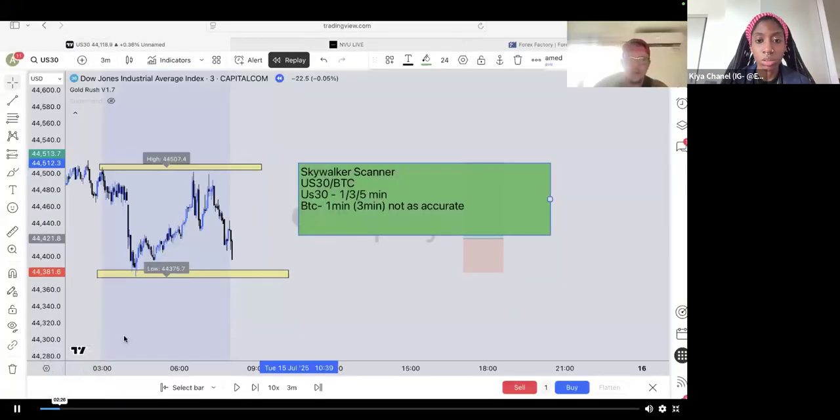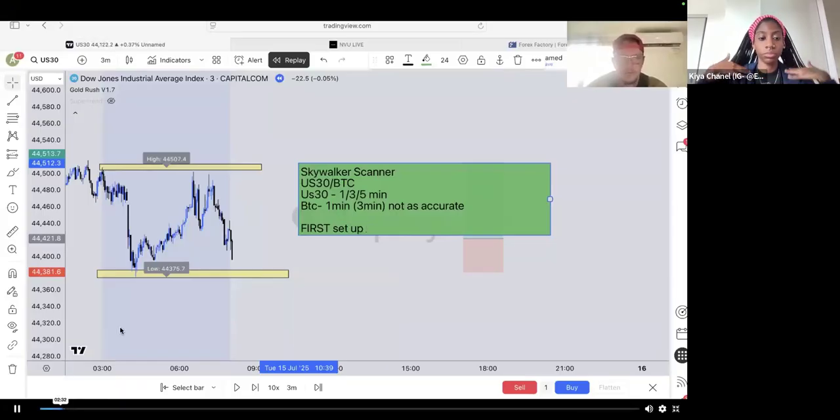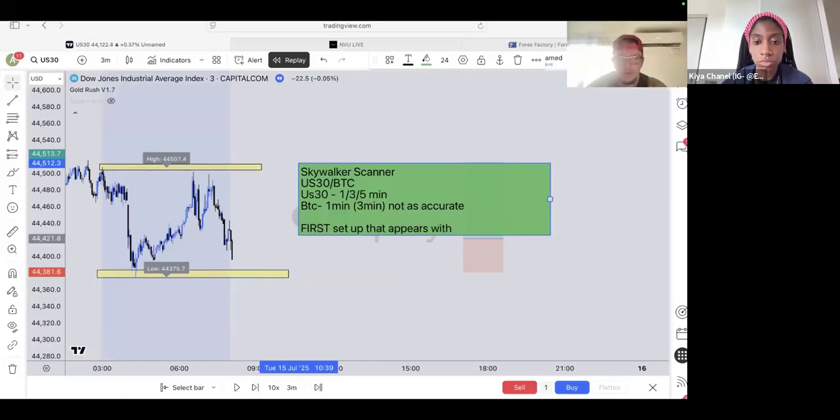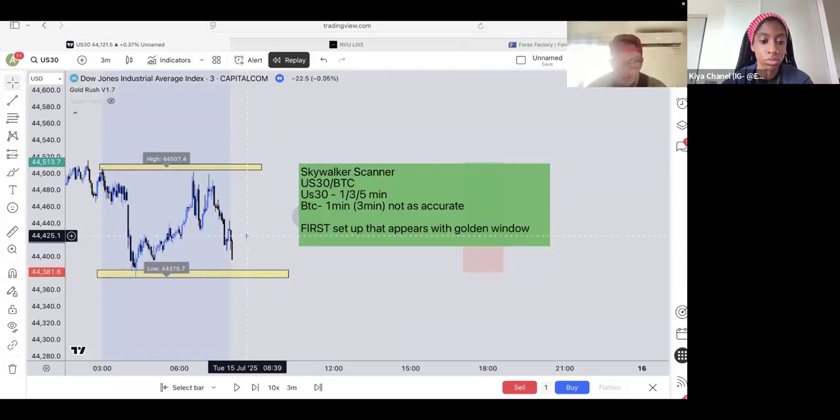We're taking the first setup, the first setup that appears with the golden window. So what that means is if there's a setup, for instance, on the 3 minute, like yesterday, and it hits take profit, makes this move, whatever.